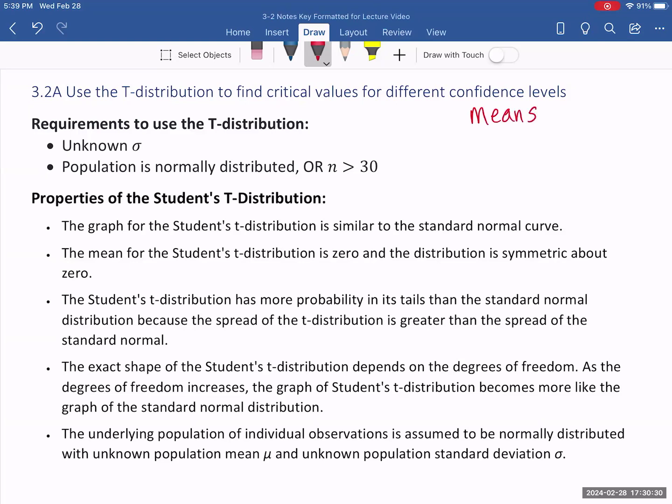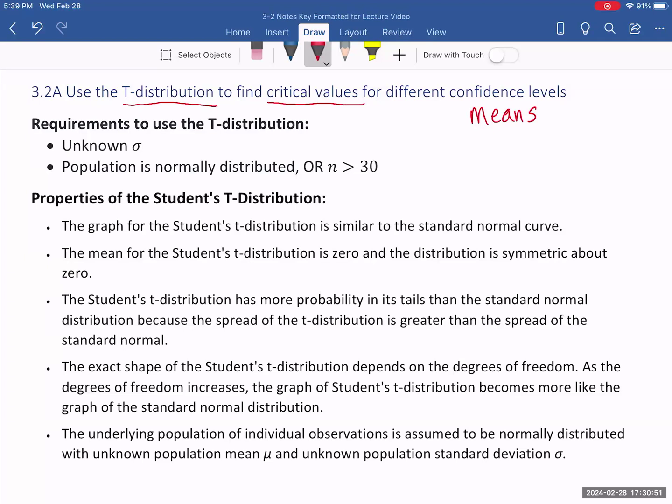Yeah, so the first part here, in 3.2, we're not actually finding a confidence interval yet. We're going to use that T distribution, that new distribution that you read about in the beginning part of your notes, to find critical values.